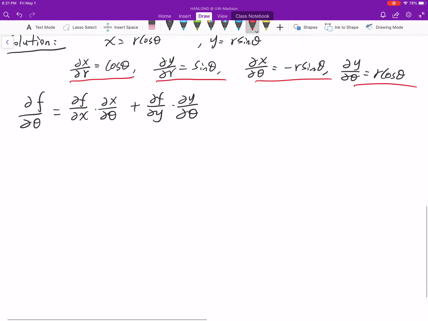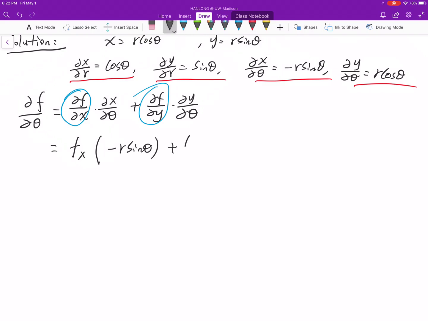Okay, and then because we have no information on this, we can keep it. So here you have partial f partial x times minus r sine theta plus partial f partial y times plus r cosine theta.